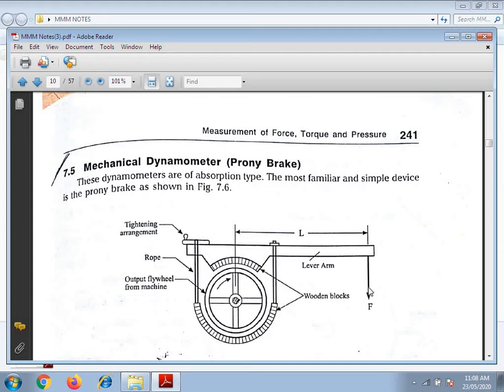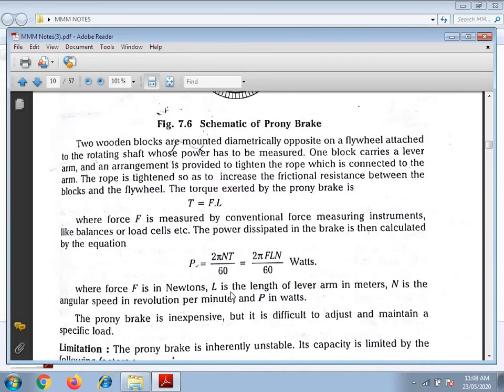The power dissipated in the brake is then calculated by the equation P equals 2 pi N T by 60, or 2 pi F L N by 60 watts, where F is in newtons, L is the length of the lever in meters, N is angular speed in revolutions per minute, and P is in watts.